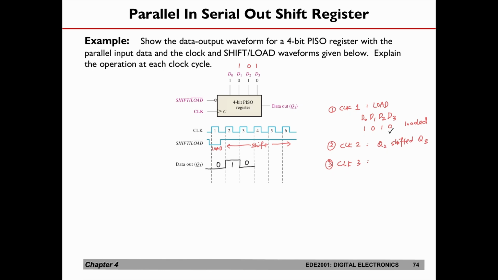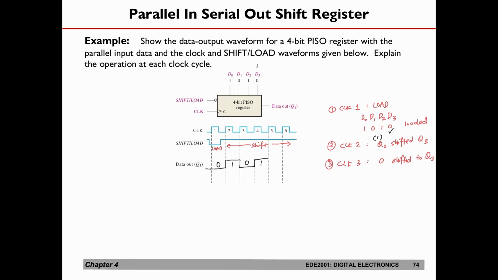This is going to be 10 already. Then the next one will be a 1, because the D2 output is a 1, then that goes into the D3 input, and now D3 becomes a 1. So at clock number 3, a 0 is shifted to your Q3. This was a 1 here.